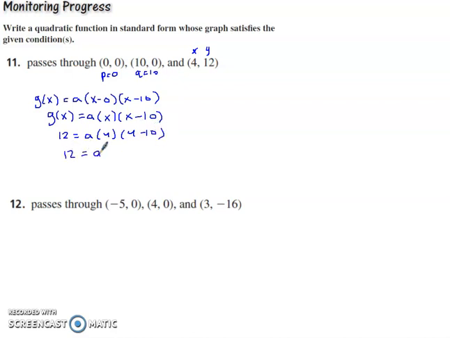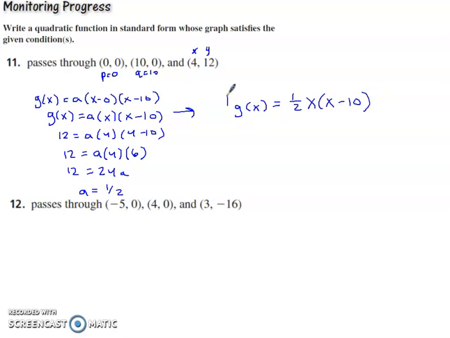So I've got a times 4 times 6, giving me an a value of 1/2. So my equation then, g of x is going to equal 1/2 times x times (x - 10). I just replace the a with 1/2.